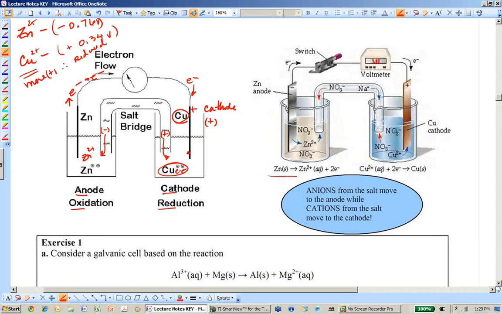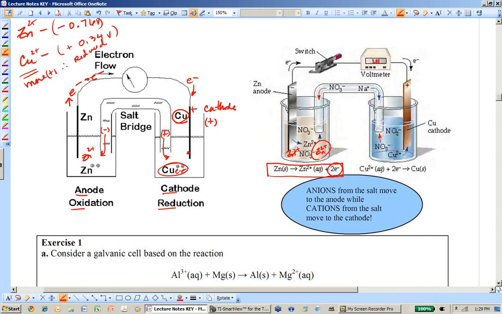We can see that by this balanced equation right here, that two electrons are going to be given off, and more zinc 2+ ions are going to start falling in here, which means I've got to have some nitrate ions that are going to come and actually neutralize them, a pair of nitrate ions for each zinc 2+ formed, and vice versa.